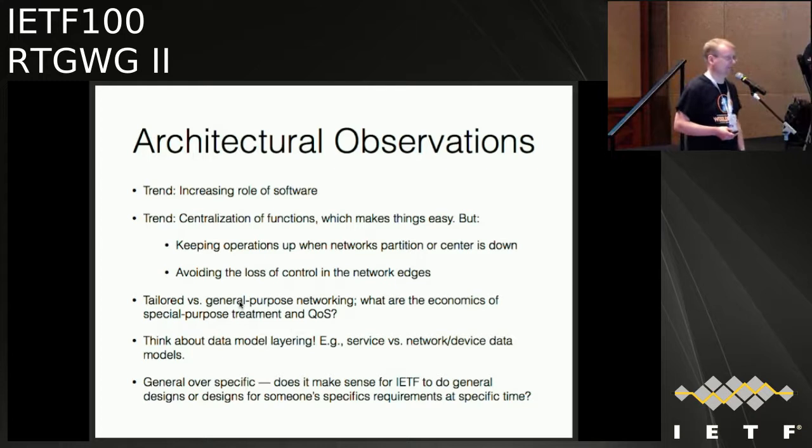Is this better? Okay. And then drawing on some architectural observations from this work and from what's going on at the IETF and the world in general: obviously the increasing role of software is really important.